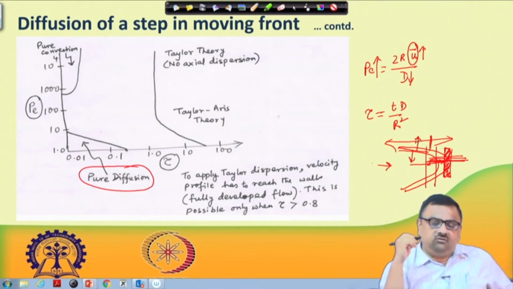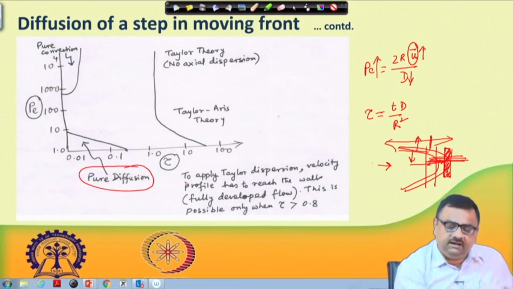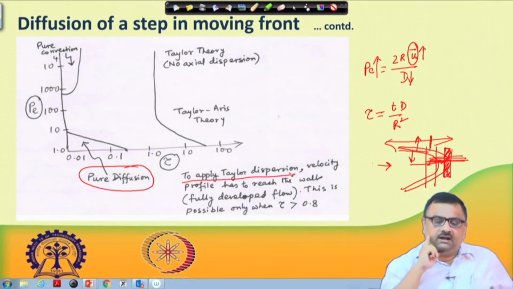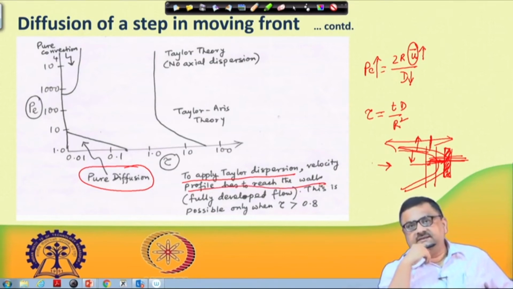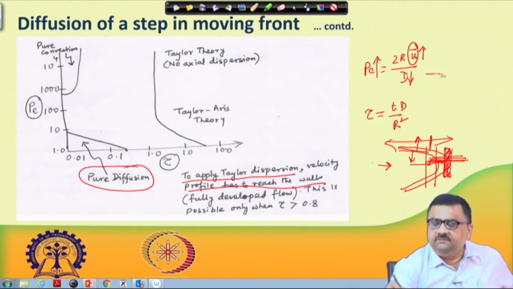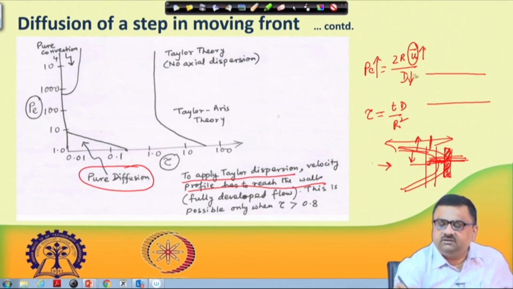Now, one thing one must note here is that to apply Taylor dispersion, the velocity profile has to reach the wall. That means, if somebody says that the velocity profile is developing, it means it is a capillary, and first when the flow enters, let us say it was all uniform flow, and when the flow enters into the capillary, then a boundary layer develops, and after some distance these boundary layers merge and you consider this flow to be fully developed.